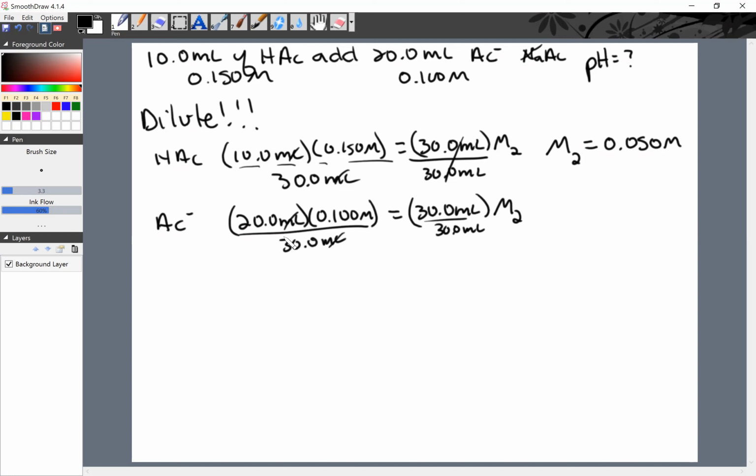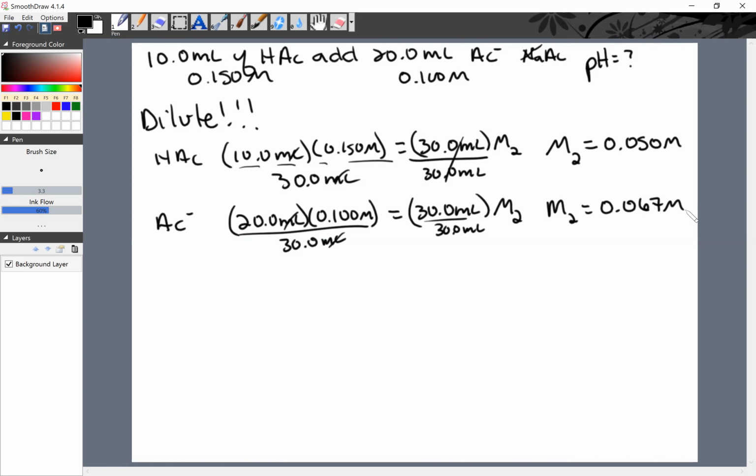In this case, remember, you can plug in milliliters because they will cancel out. If you plug in a milliliter, you'll divide by a milliliter. All right, so 20 times 0.1 divided by 30 is 0.067. Double check. 20 times 0.1, 30. Yep.